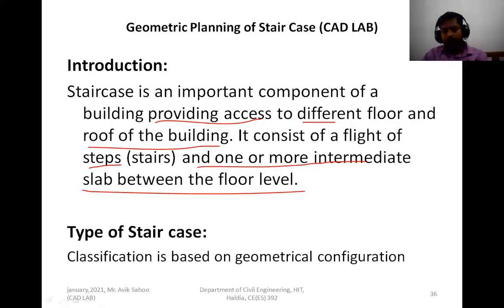Generally, you know that in building, the dog-legged type of stairs are commonly used, and here one intermediate slab is used, which is placed at the middle of the floor, whereas in open well stair, more than one intermediate slabs are used.